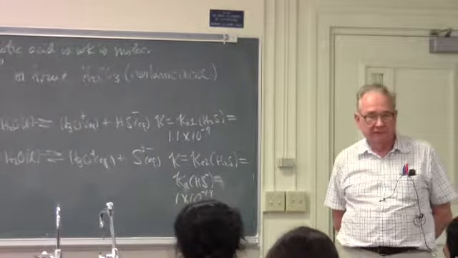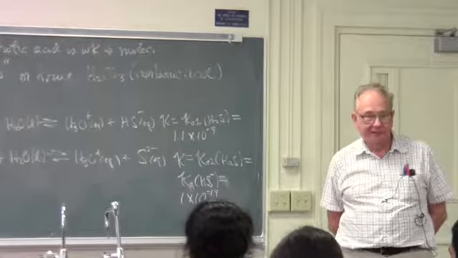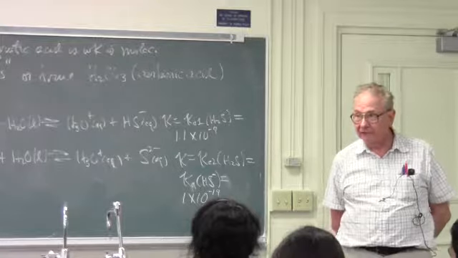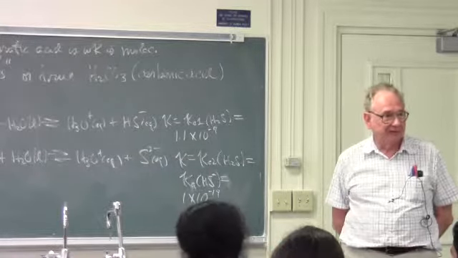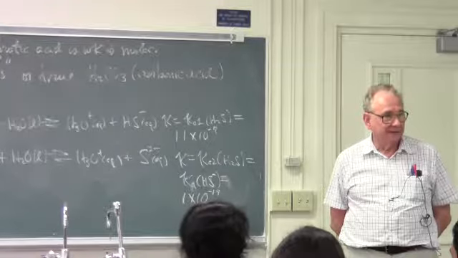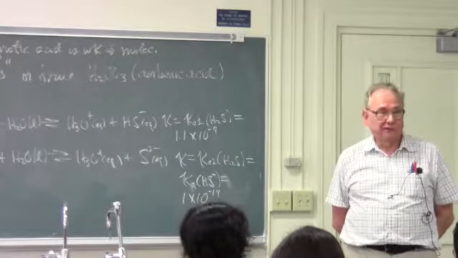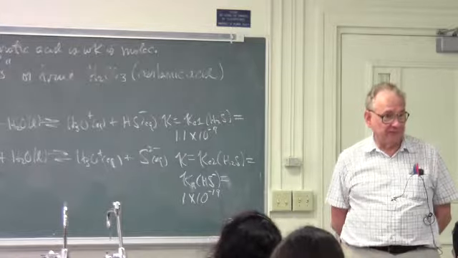10, 20, 21, 30, 40. We're going downhill fast. You don't have to raise your hand. Tell me the answer. 1.1 times 10 to the minus 4. Close. 1.0 times 10 to the minus 4.